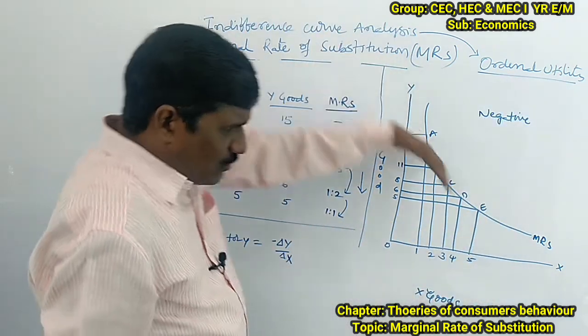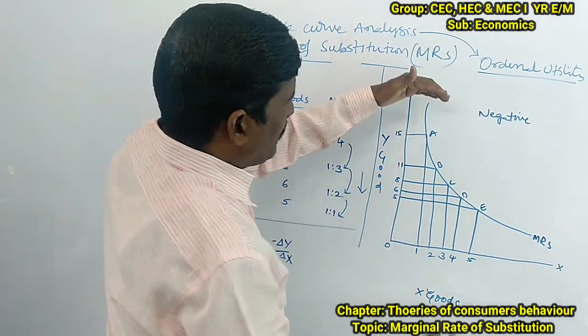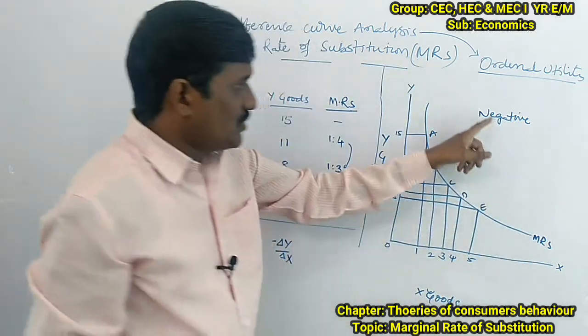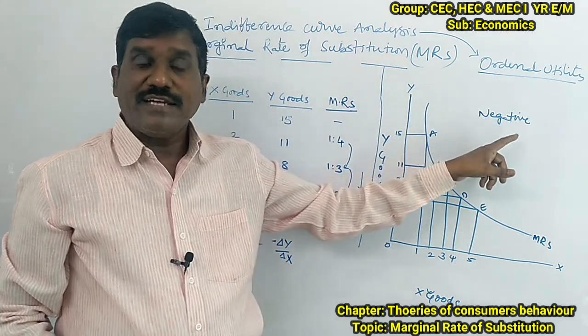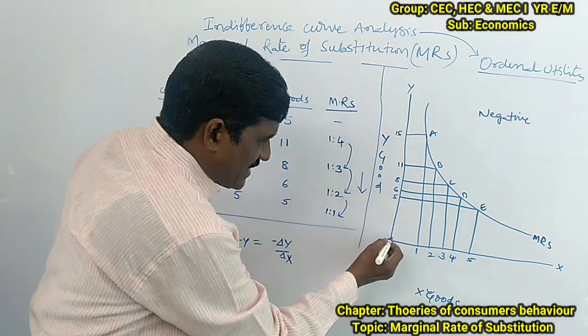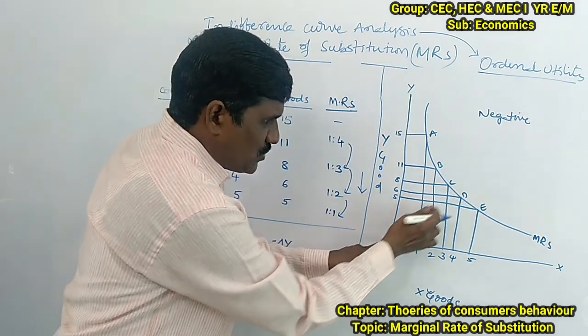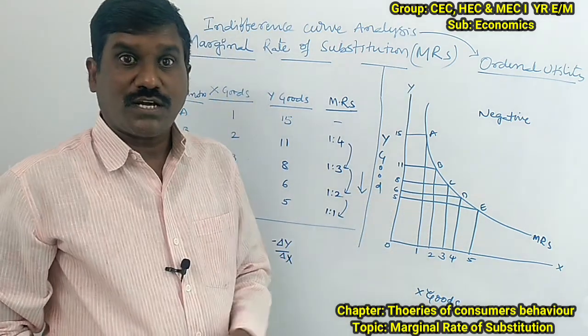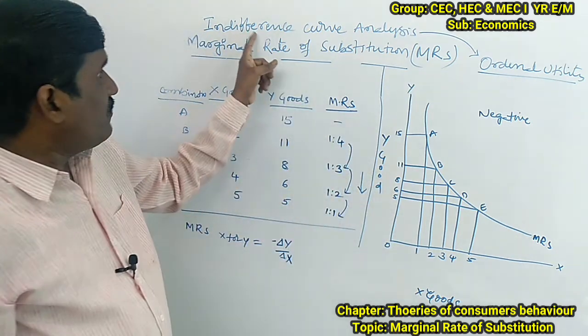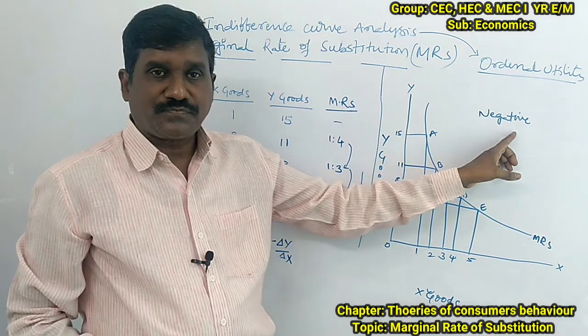Negative means downwards, from left to right. Downwards from left to right is called a negative slope. And it goes from the origin toward the OY axis. So two conditions need to be fulfilled for the indifference curve: negative slope and convexity to the origin.